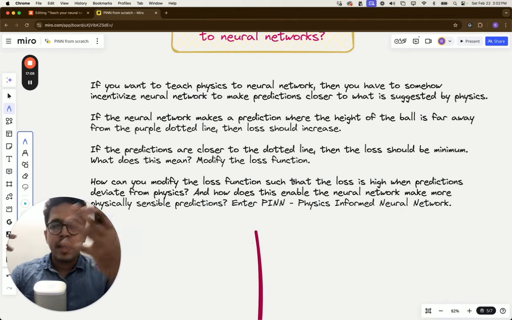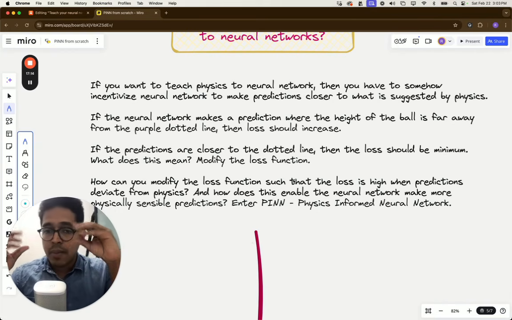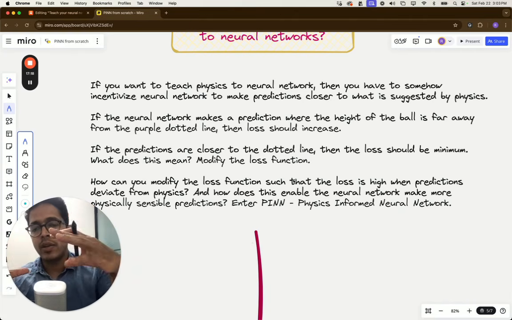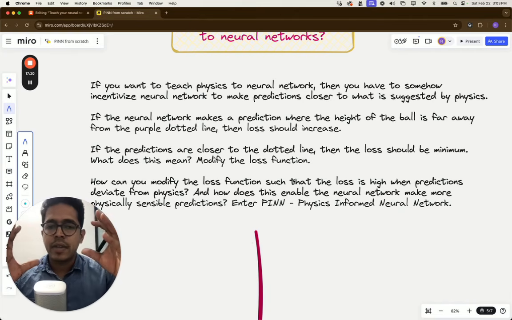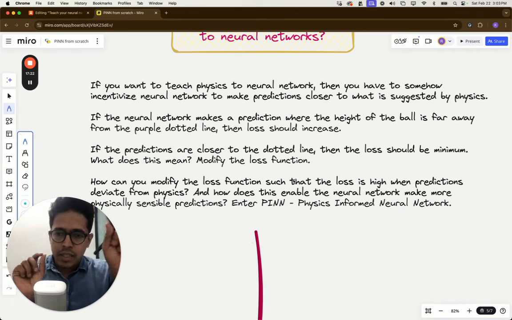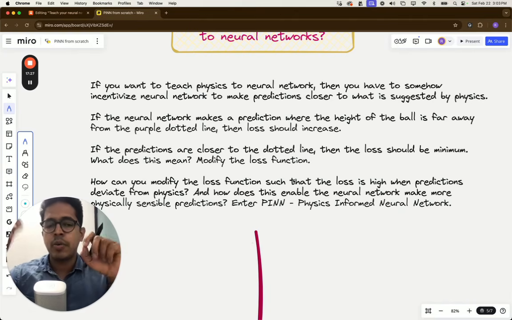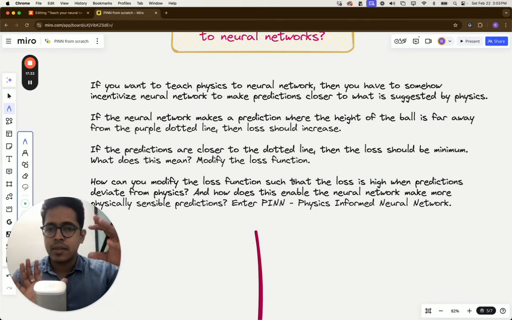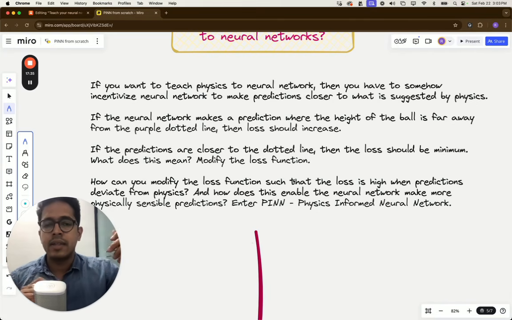You can communicate that in the form of a loss function, which means if you want to make predictions closer to the dotted line, somehow that has to be incorporated in the loss function, because the loss function finally tells the neural network that, hey, your loss is very high, and these weights are contributing positively to the loss by this much. These weights are contributing negatively to the loss. So adjust the weights positively or negatively such that the loss can be decreased. This is, in essence, gradient descent.